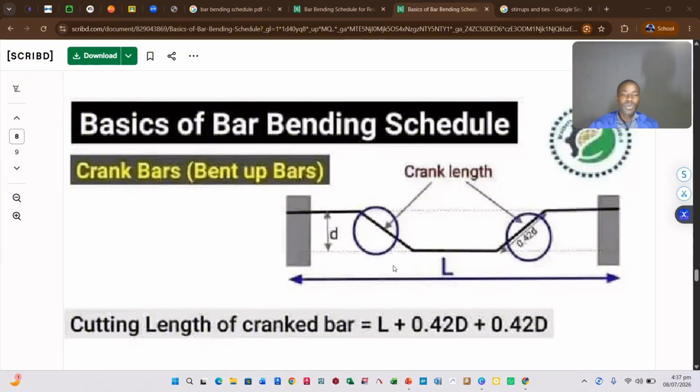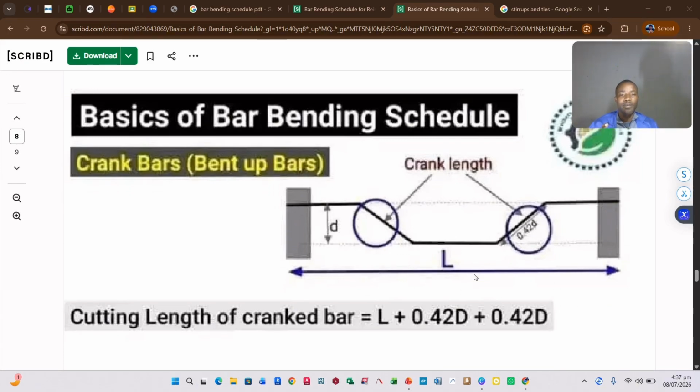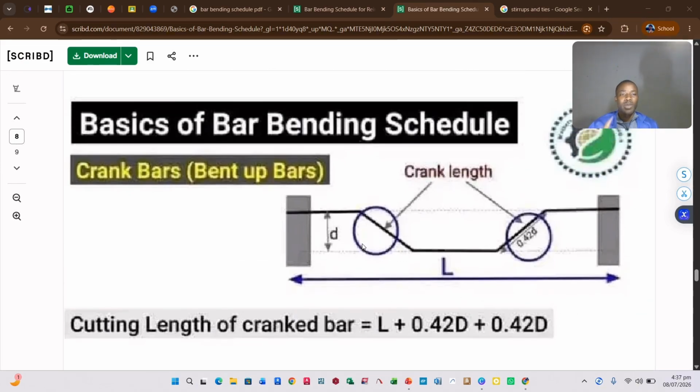Therefore, the total length will be equivalent to this distance here plus crank length, and crank length plus this particular distance here gives us the total length, which is our cutting length. So how are we going to do it? These are significant details you must understand.